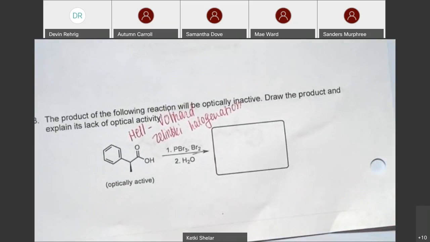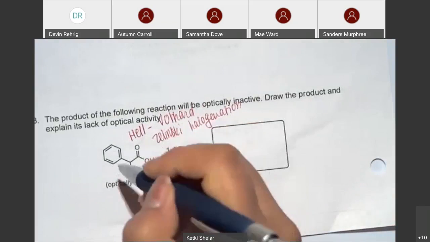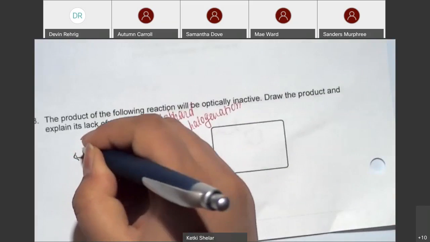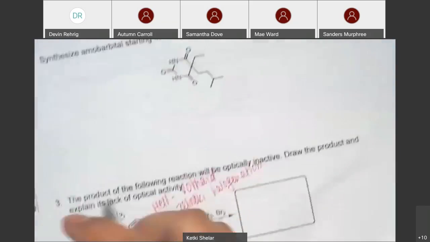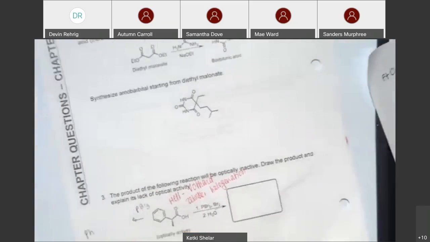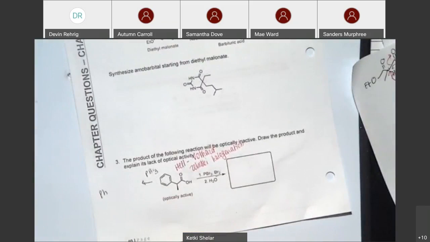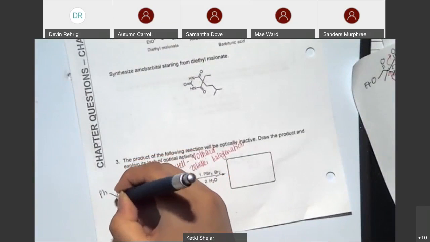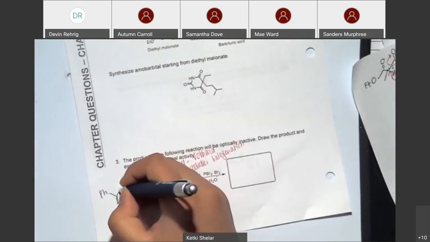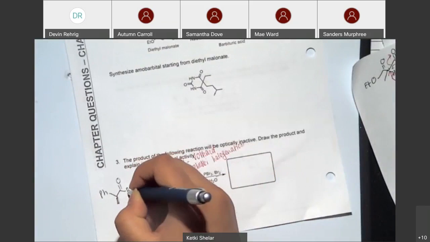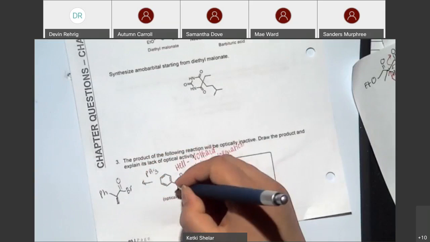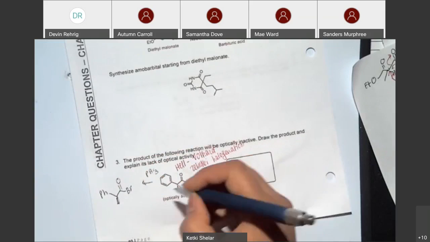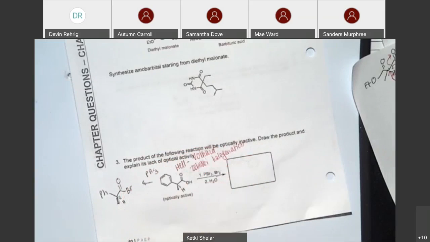The first reaction is with PBr3, which will form an acyl bromide, retaining the stereochemistry. So here there is hydrogen which is at the back. Here there is hydrogen which is at the back.